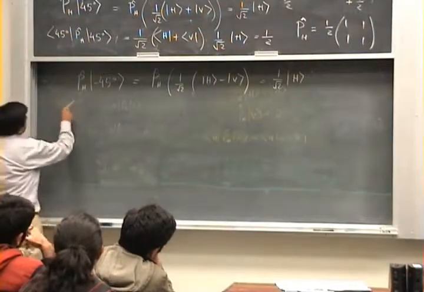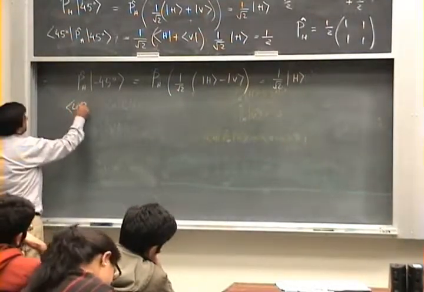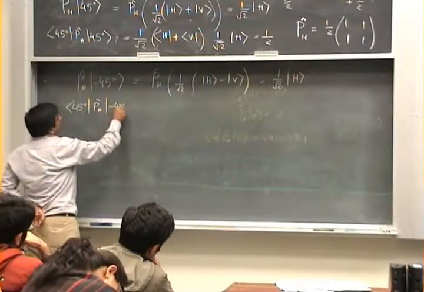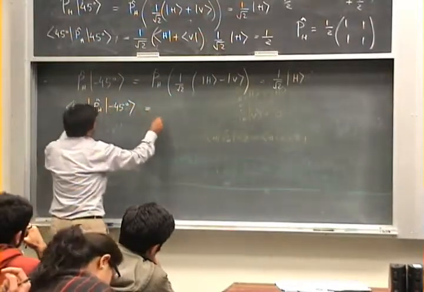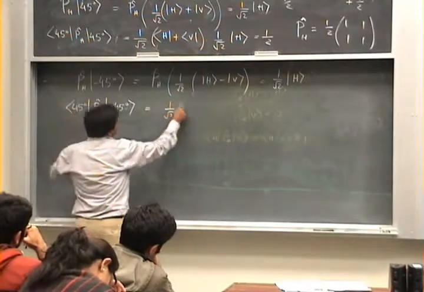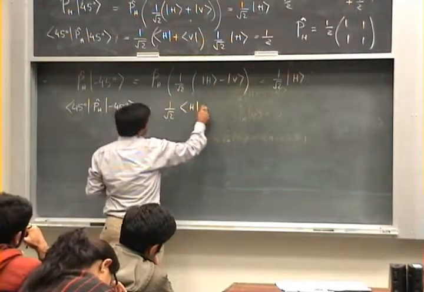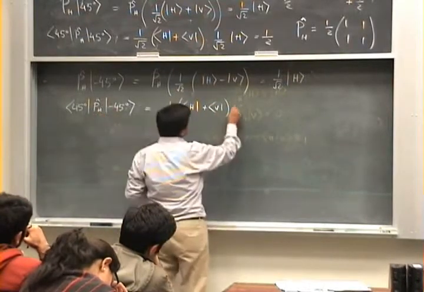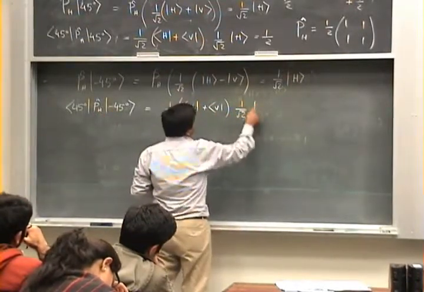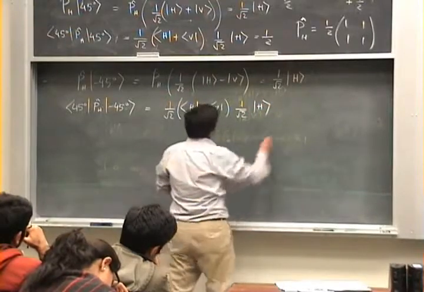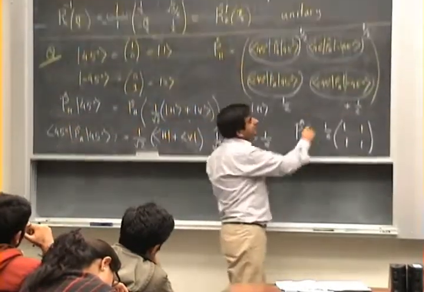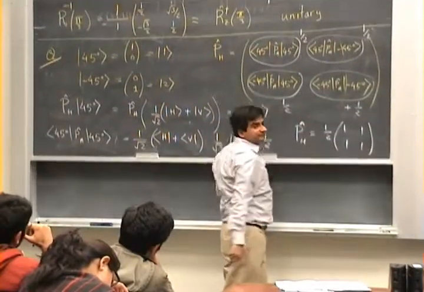So 45 degrees pH acting on minus 45 degrees. Now this bra 45 degrees is 1 over under root 2 ket H plus ket V. Okay, and this I've already calculated. 1 over under root 2 ket H. The result is 1/2. Okay, so this element is also 1/2.